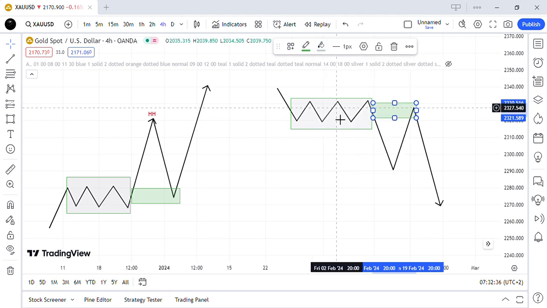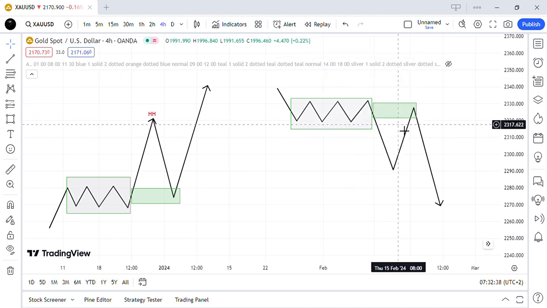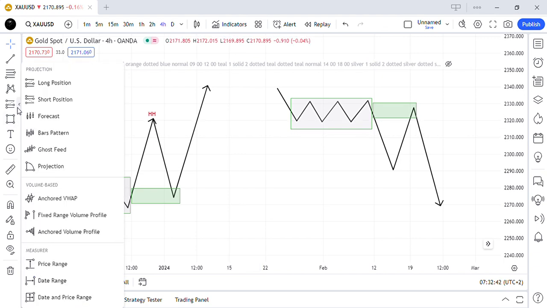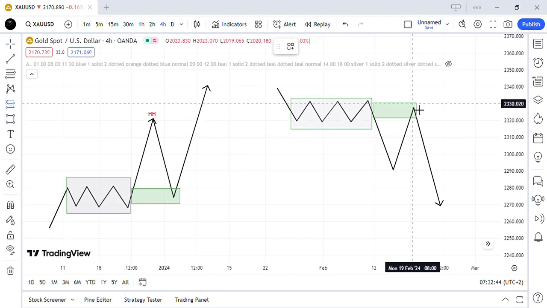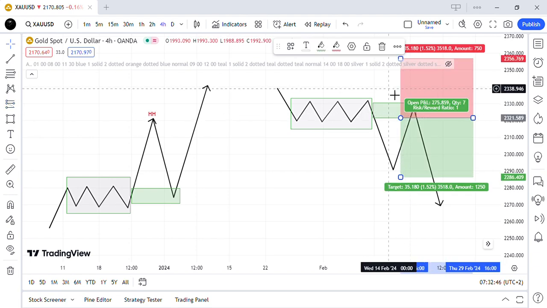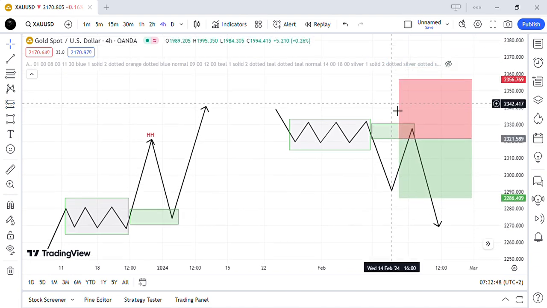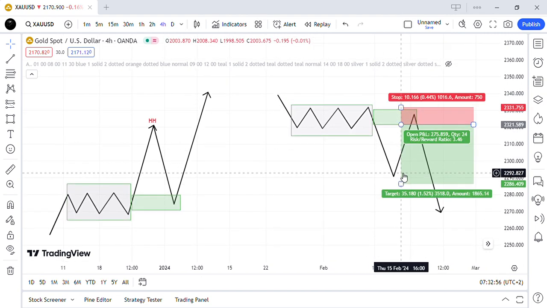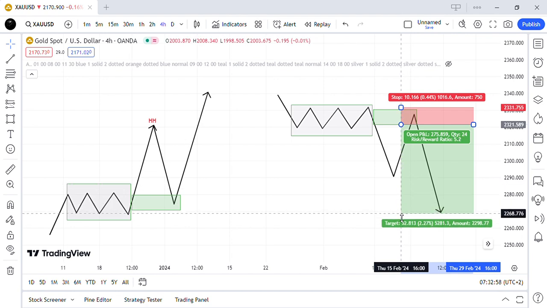Then we enter on the lower time frame. Let me show you what I'm talking about. If you want to short it from here, our TP is going to be just above the wick. If you find a wick, put it just above, because sometimes the spread is going to take you out.